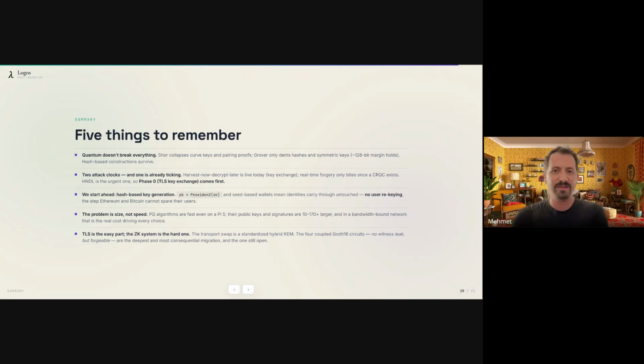Therefore, everyone who uses classical asymmetric cryptography has to change their algorithms to be quantum secure. And we have two different attacks. The first one is harvest now, decrypt later, and the other one is real-time forgery. If you are under threat from harvest now, decrypt later, you have to change your classical asymmetric cryptography now. But for real-time forgery, we still have time.